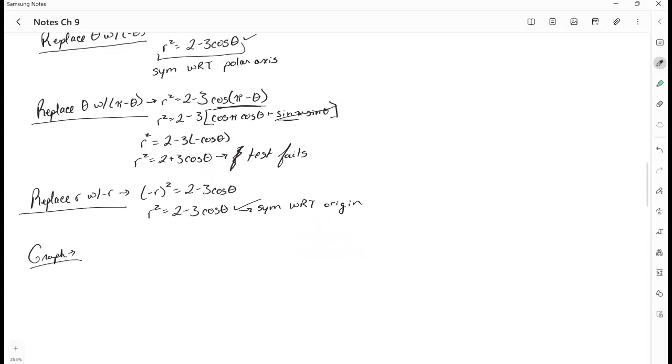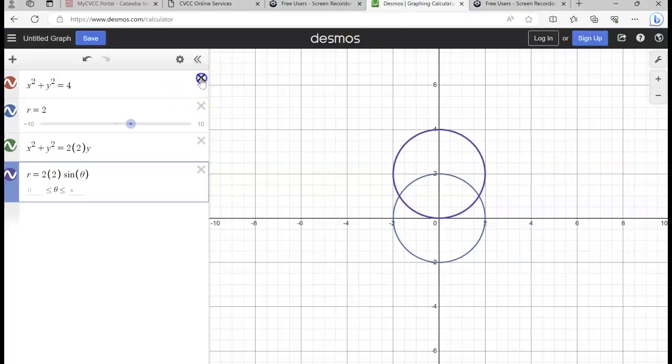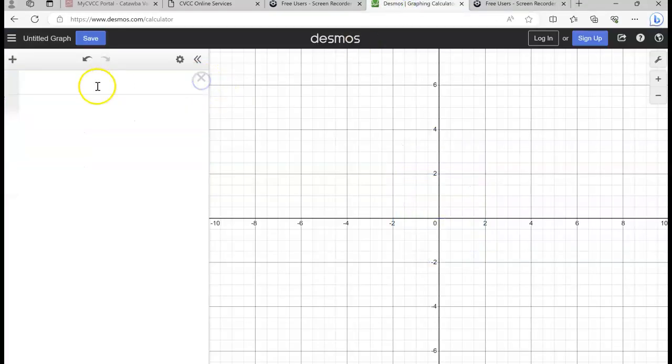So let's look at that graph in Desmos. I'm going to go to Desmos, and I'm going to graph my function.